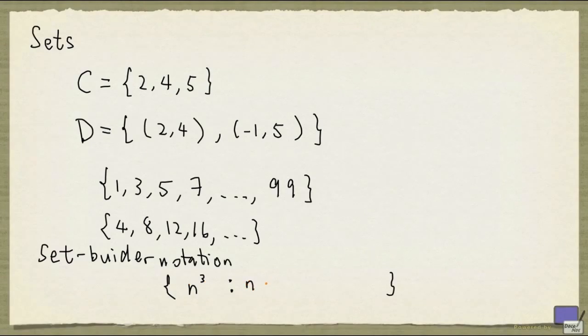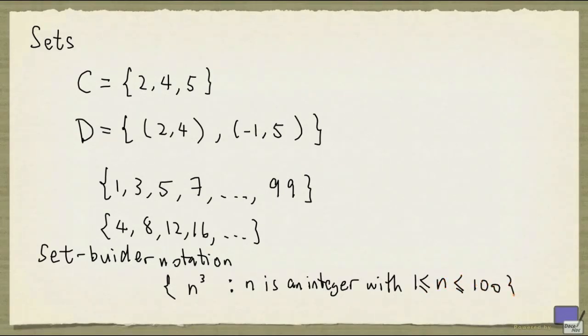For example, I can say that n is an integer where n is at least 1 and at most 100. So what are the elements of this set? Well, it is a set of all n cubed, where n is any integer between 1 and 100 inclusive. So this set will be the cubes of the first 100 positive integers.